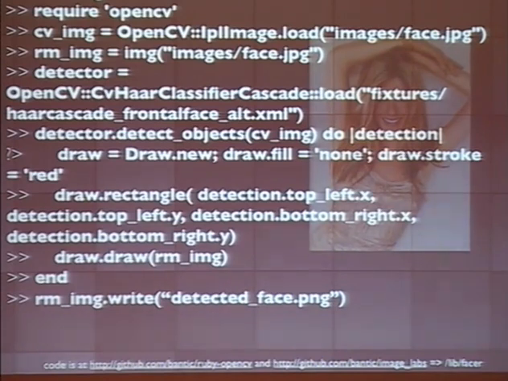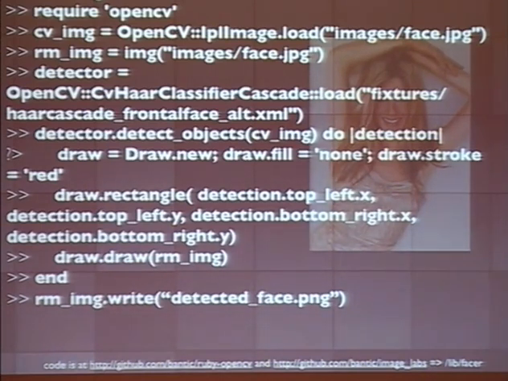And then the detector is an OpenCV Haar classifier cascade detector, and you just load it. They're all XML files, and a bunch of them come with OpenCV. So the frontal face means it's going to look for faces dead on. And then you just call the detect objects method on your image, and it's going to yield basically rectangles that it thinks are including faces.